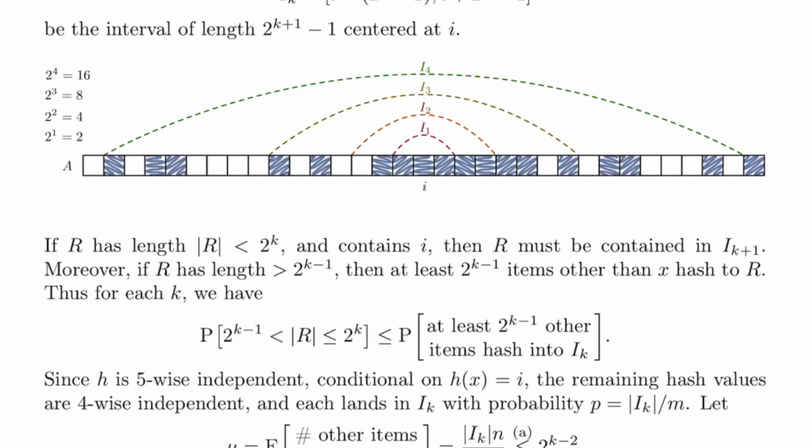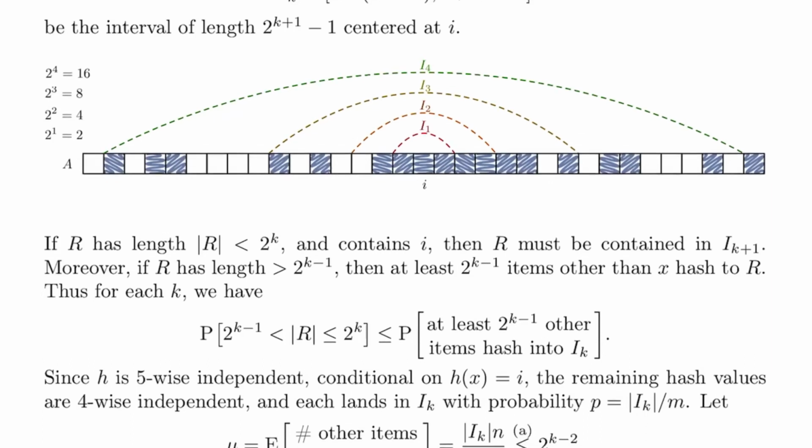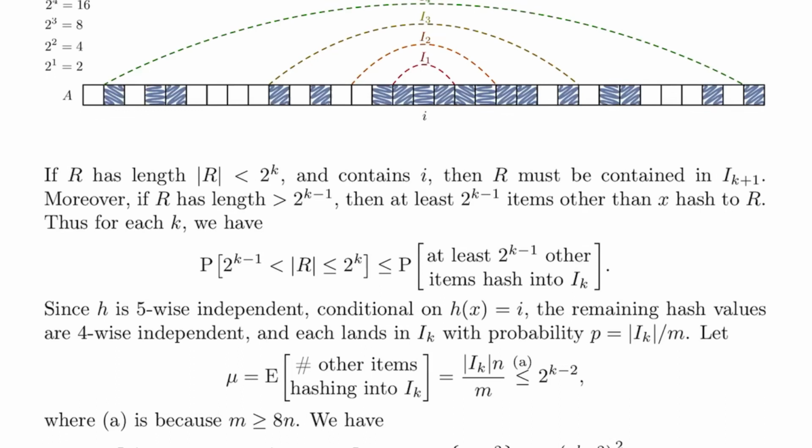Moreover, if r has length greater than 2^(k-1), then at least 2^(k-1) items other than x hash to r. Thus, for each k, the probability that the length of the run is between 2^(k-1) and 2^k is at most the probability that 2^(k-1) other items also hash into I_k.